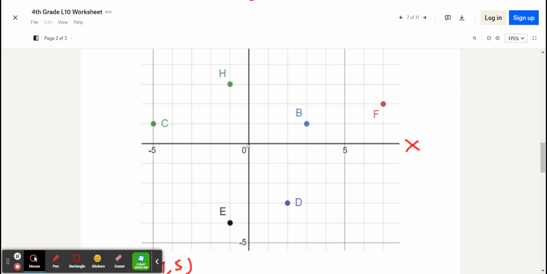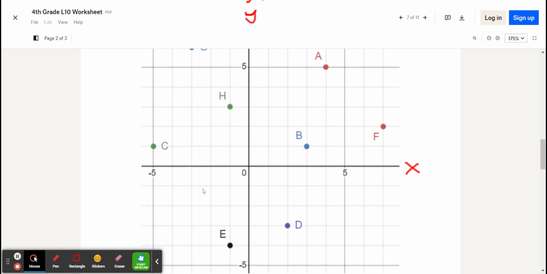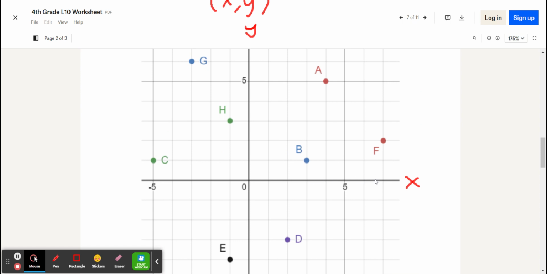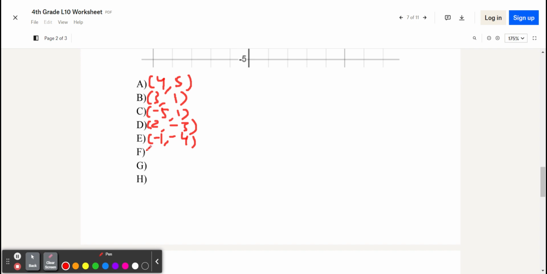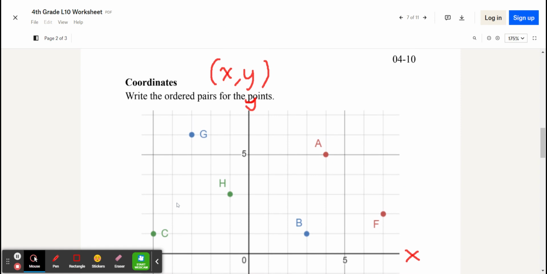Then we have E, that's negative 1, and then negative 1, negative 2, negative 3, negative 4. So that'd be negative 1, comma negative 4, like that. And then F, here we go 5, 6, 7, and then 1, 2. So 7, comma 2. Then we'd have G, which is negative 3, and then you can see 5, 6.